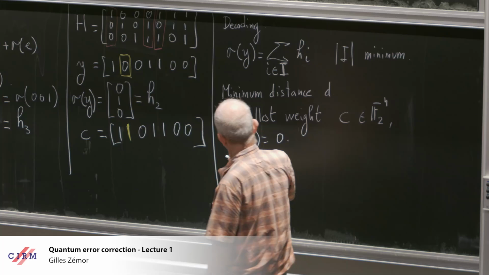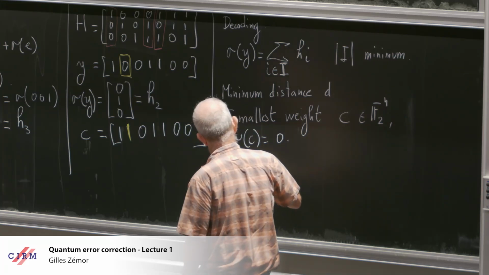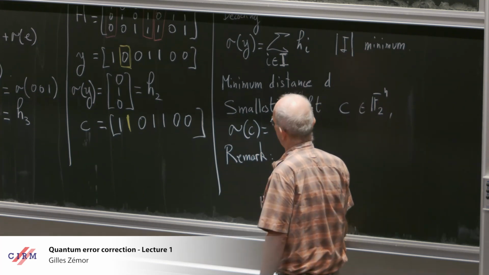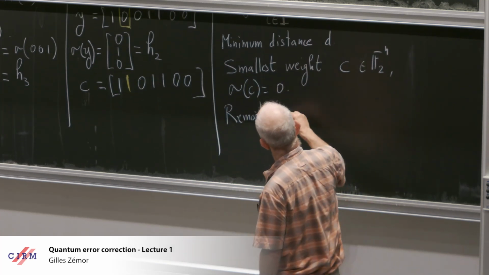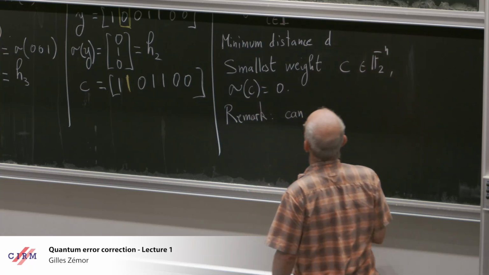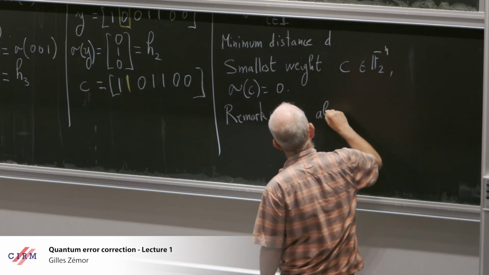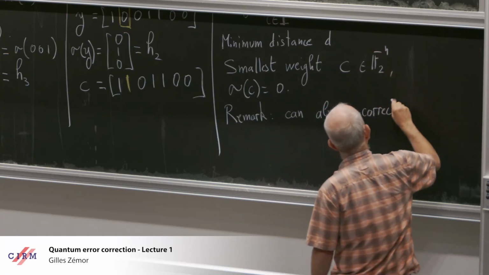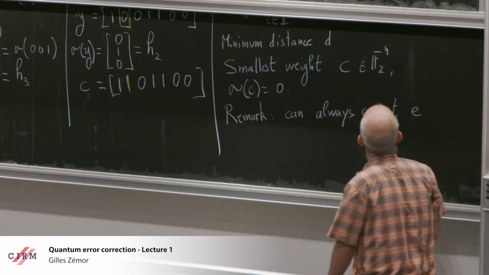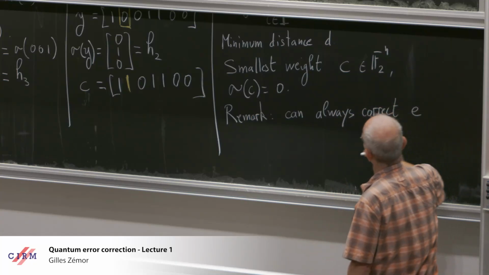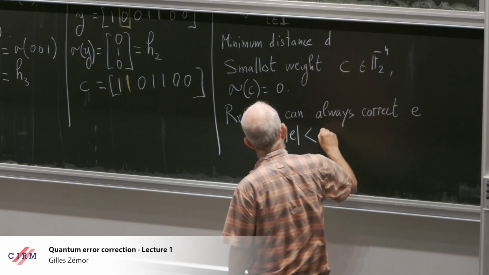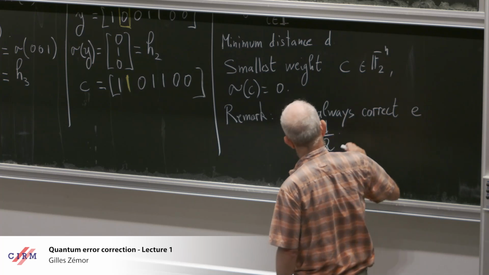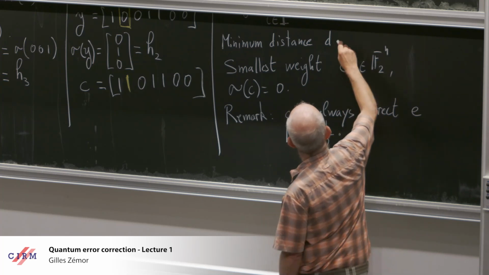And a remark which is very useful is that in theory we can always correct an error vector e of weight strictly less than half the minimum distance of the code.